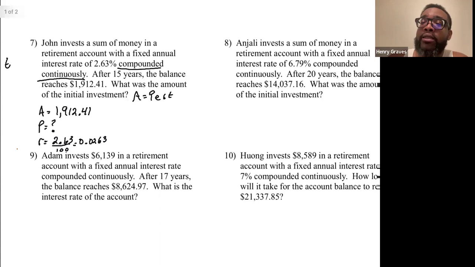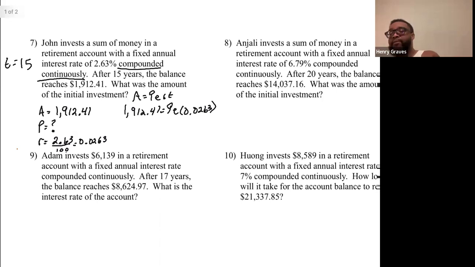I'm going to do 1,912.41 equals P e to the 0.0263 times 15, right? The time is 15, good.